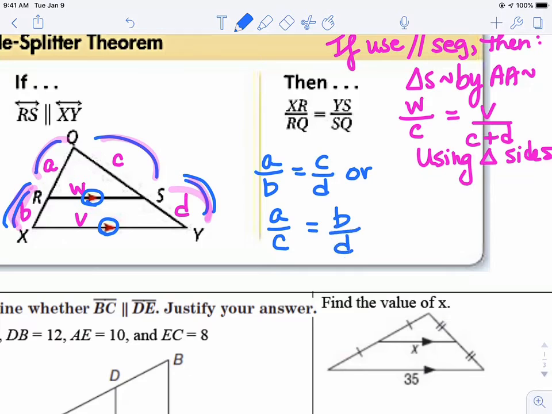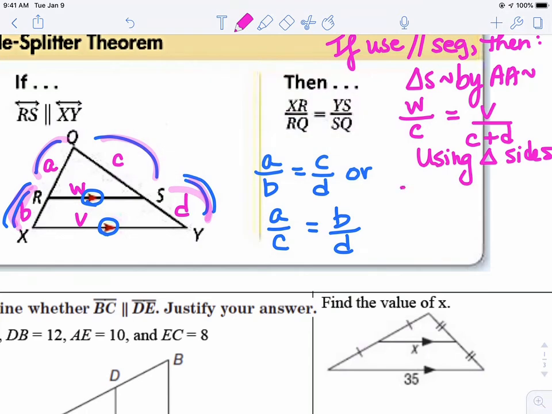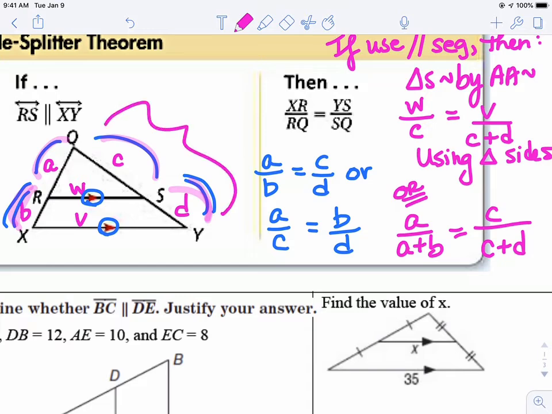Now again, we know those are the same proportion because when you cross multiply, you get the same thing: A times D equals B times C. You can still do similar triangles on the sides as well. So you can say A is to A plus B as C is to C plus D, using the whole side length.